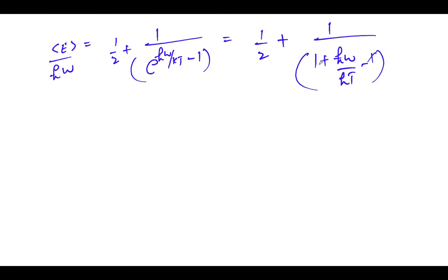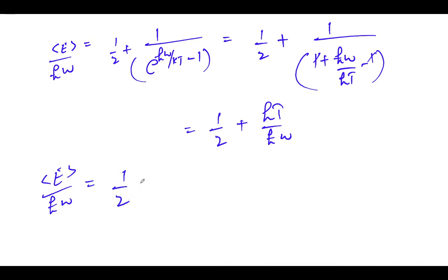So the minus 1 and plus 1 get cancelled out, so this is 1 by 2 plus kT over h bar omega. So this kT over h bar omega is a very large term, and if I move h bar omega to the left hand side, this becomes equal to kT.